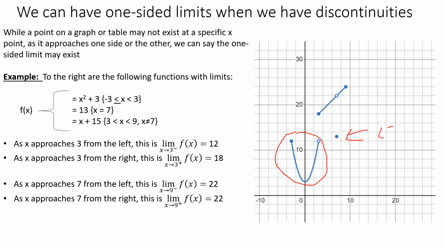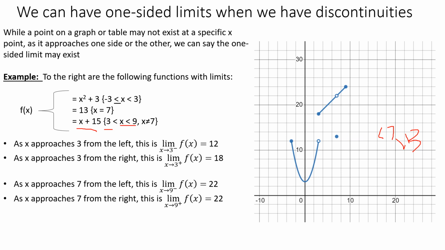And f of x is 15 from x equals 3 to x equals 9, but x cannot equal 7, which is what this is right here.